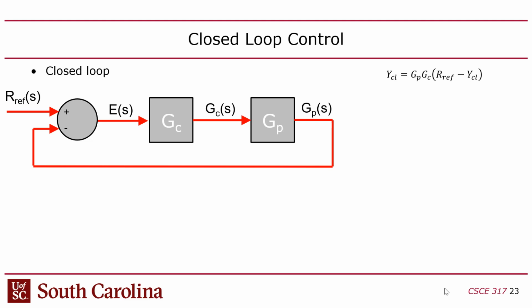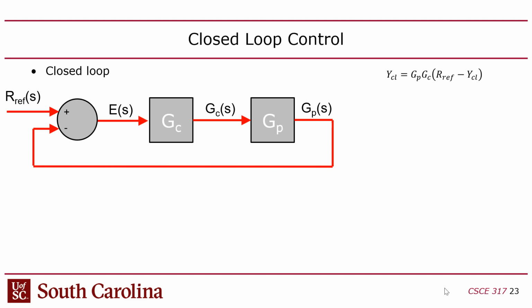So it's GP, GC multiplied by GP multiplied by this transfer function, which is R ref minus Y CL. You guys with me? The reason this is a little weird is that this line is Y, right? The names of the transfer functions are GC times GP multiplied by this difference between R ref and Y, okay?